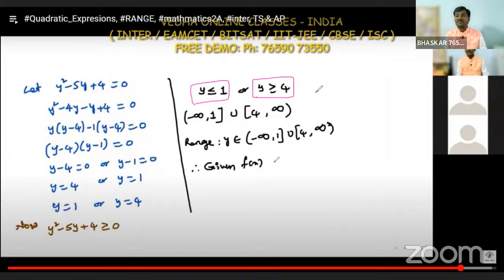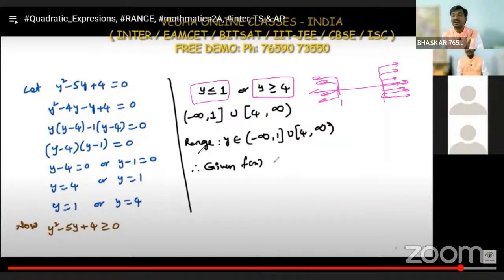On the number line, for example, this is 1 and this is 4. The values including 4 are to the right, more than this, and all the values less than 1 also. That means minus infinity to 1 union 4 to infinity.